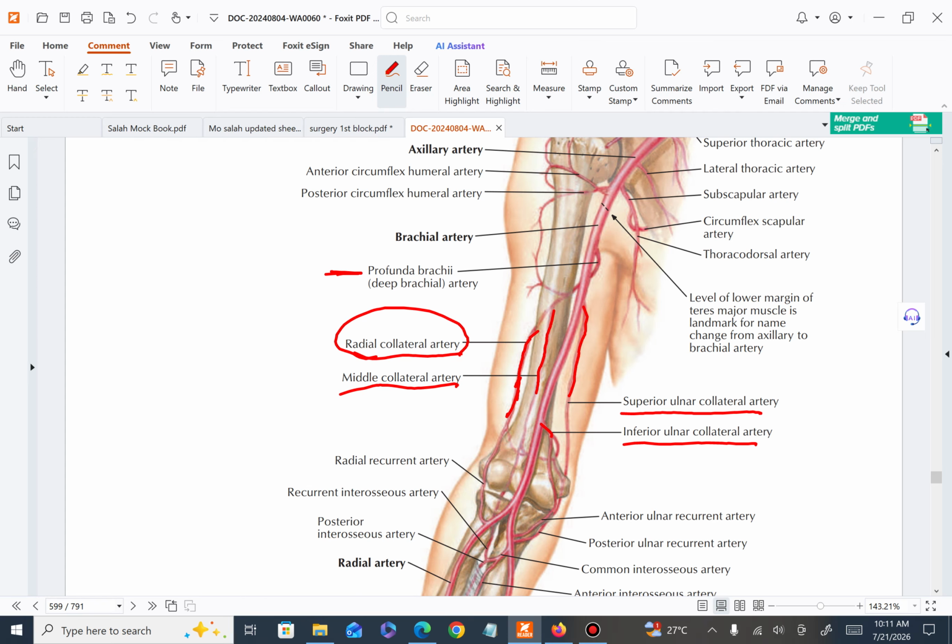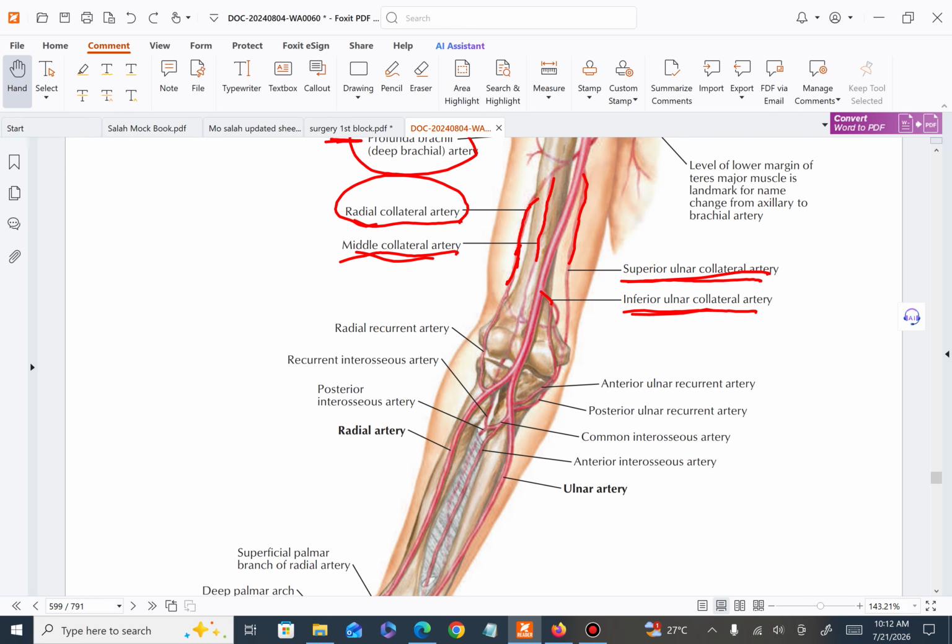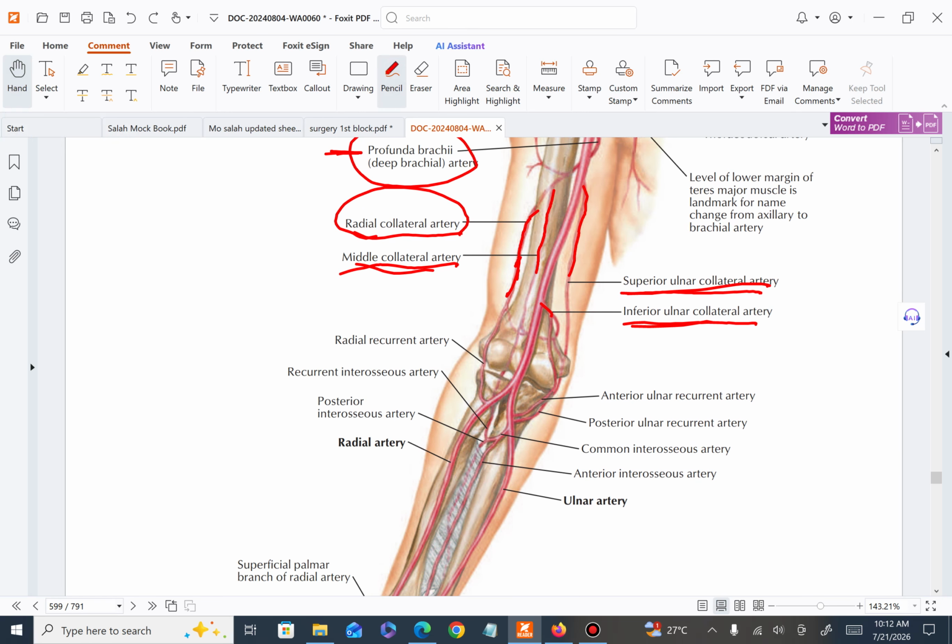So the brachial artery gives the profunda brachii or deep brachial artery, then the medial collateral artery, and also the superior ulnar collateral and inferior ulnar collateral. And opposite the neck of the radius, the brachial artery divides into the ulnar artery and the radial artery.